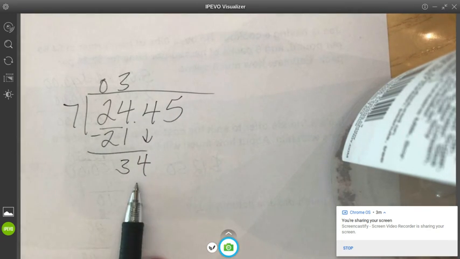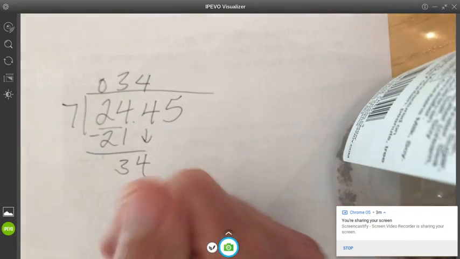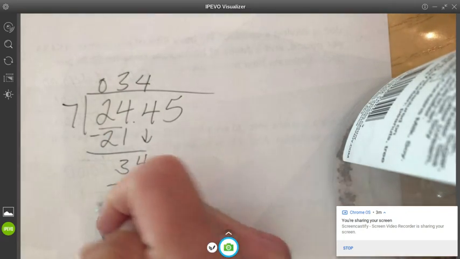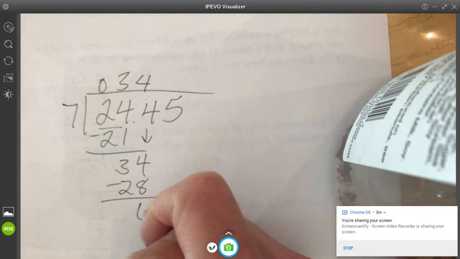7 into 34. If you know your multiplication facts, 7 times 5 is 35, but that's a little bit too high. Can't ever go over. So we'll have to go with 7 times 4. And 7 times 4 is 28. Subtract, I get 6.